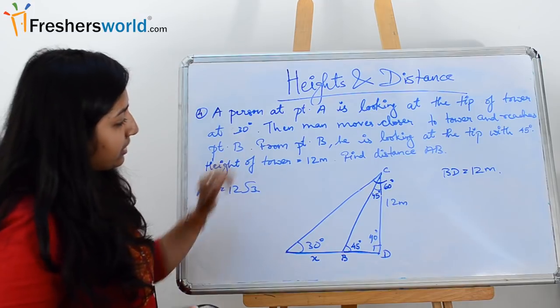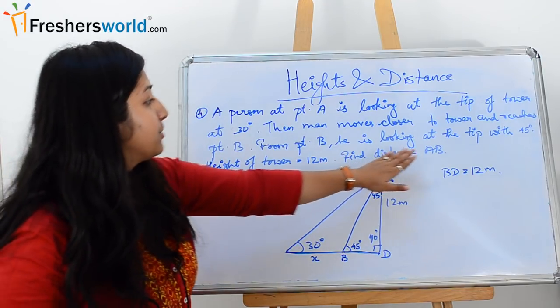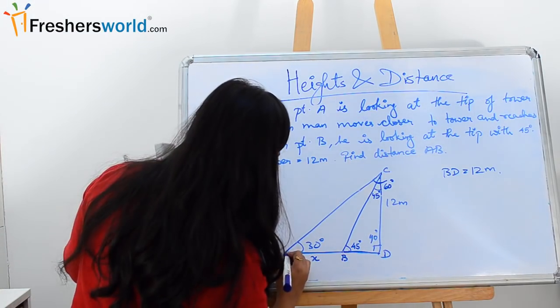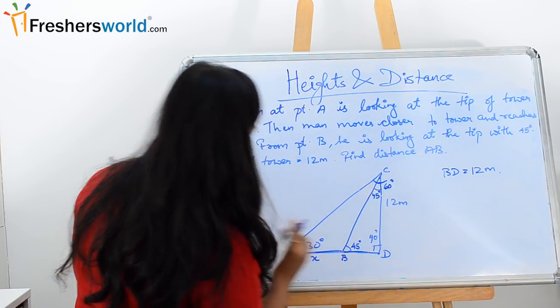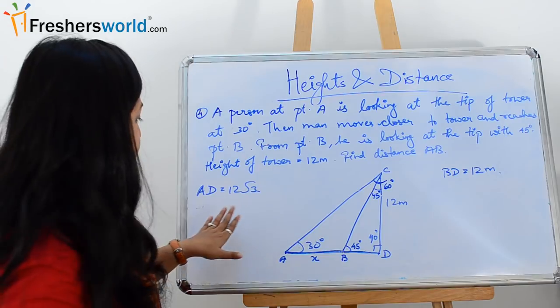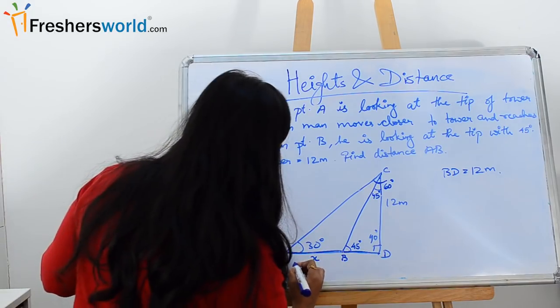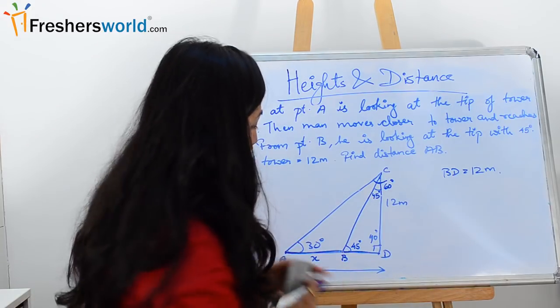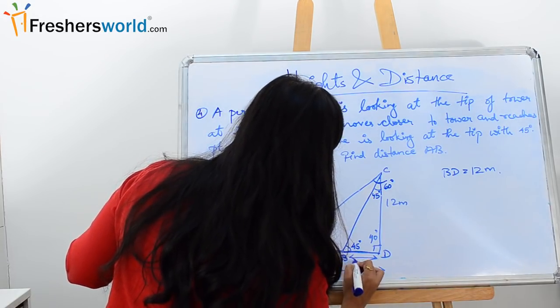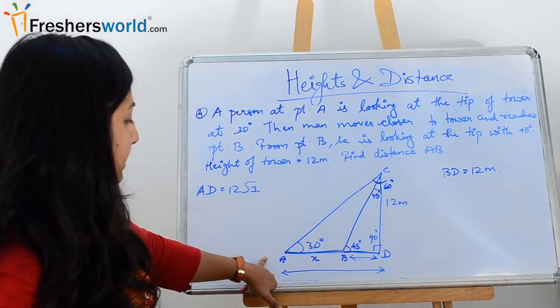And what was our question? Our question was to find the distance between AB, which is this. This distance is what we had to find, and what all values we got? AD. AD is this complete value, and BD. BD is this value. So how will we get AB?